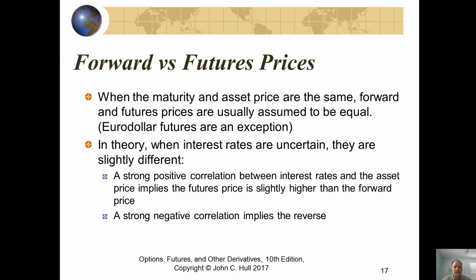So if the price keeps going up and it's correlated with interest rates, the price of the future goes up, interest rates go up, you get a higher price and more benefit from being the long and being paid than you would for the short. And of course, a strong negative correlation with interest rates would imply the reverse. One example of that would be the Eurodollar futures contract, which is a contract that is settled based on an interest rate.